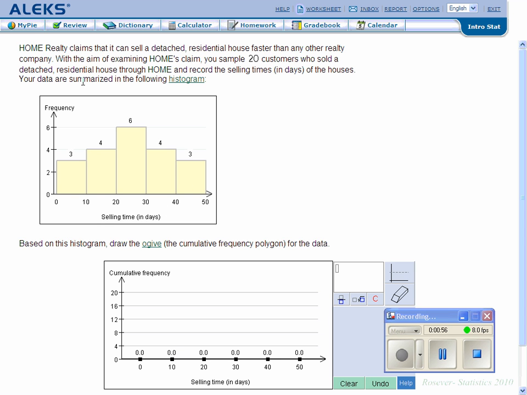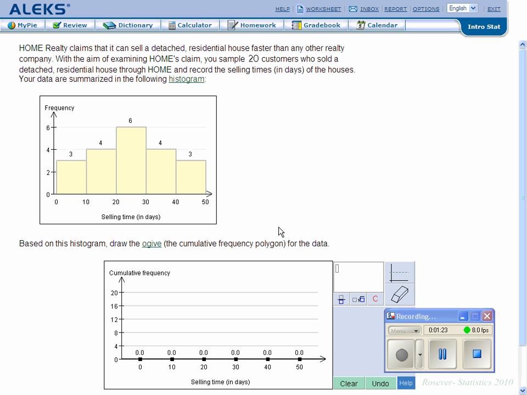Home Realty claims that it can sell a detached residential house faster than any other realty company. With the aim of examining their claim, you sample 20 customers who sold a detached residential house through Home Realty and recorded the selling time. So these are the records of the selling times, and they're broken up into classes. This is the 0 to 10 class, and so on.